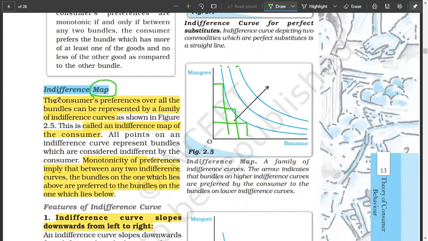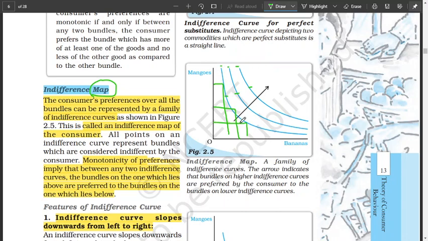Okay, let's see. The consumer's preferences over all the bundles can be represented by families of indifference curves as shown here. This is called the indifference map of the consumer because it has groups of indifference curves. It's like a family of them where it indicates how much you have preference over the goods.